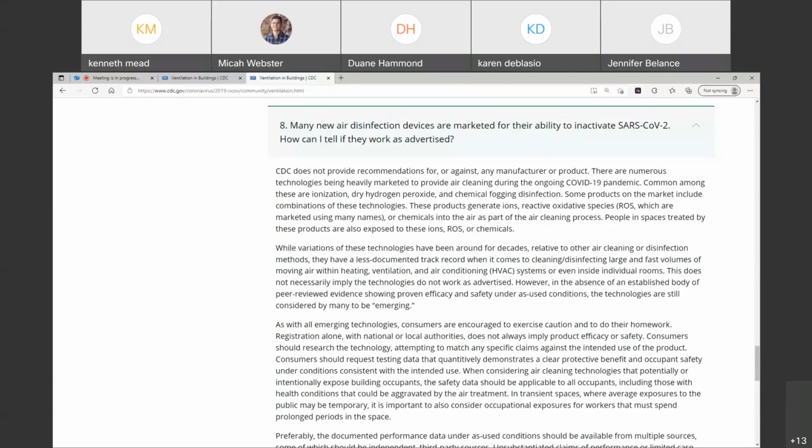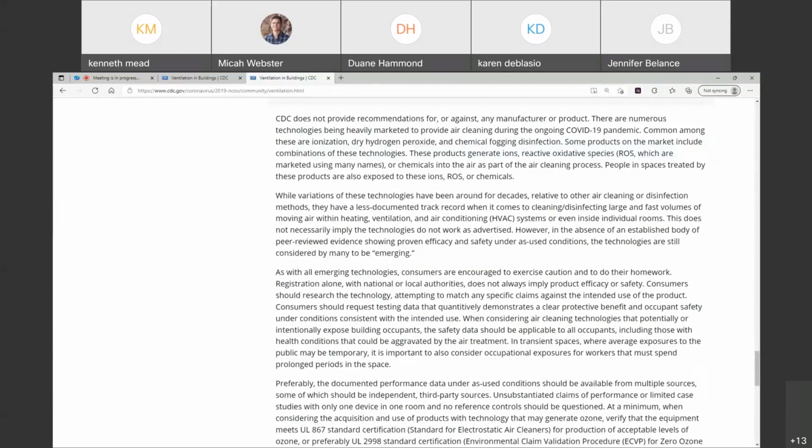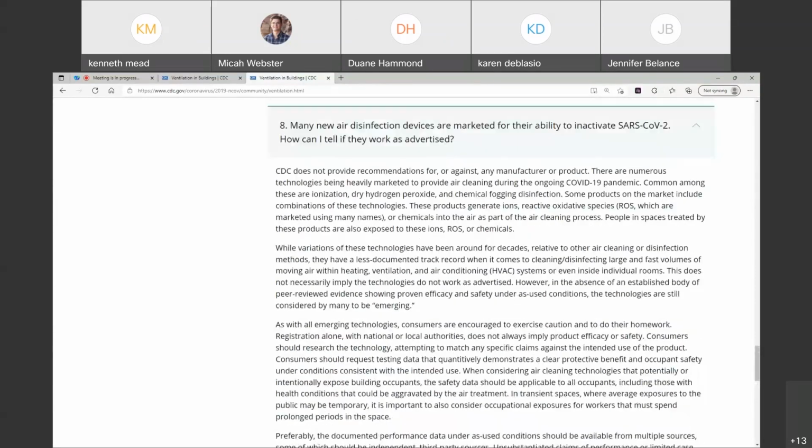These use ionization devices, some variation of hydrogen peroxide, chemical fogging, and we have some recommendations in the questions towards the bottom of this FAQ, which help you decide whether this is something you want to invest your resources into.